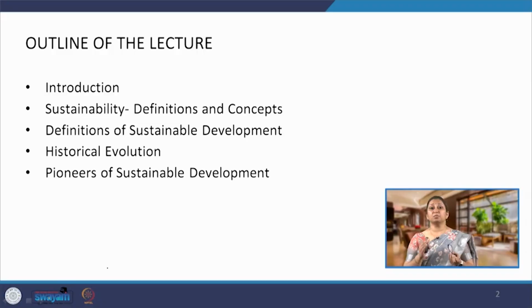Before we move to greenhouse gas emissions and then understanding what is scope 1, 2 and 3, we will be starting with the understanding of sustainability and sustainable development, how historically both these terminologies have evolved and who have been the people and events which have led us to this point where, further to sustainable development and the concept of sustainability, we are talking about greenhouse gas emissions in particular.